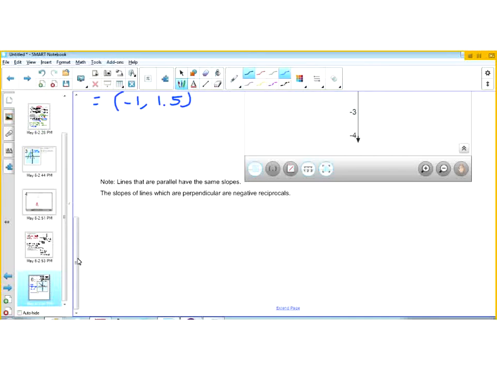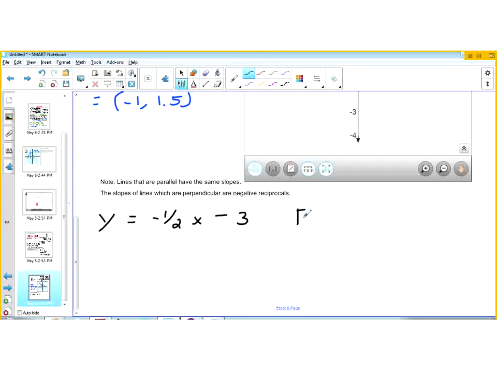Let's change it up a little bit and write y is equal to negative 1/2 x minus 3. All right, so we have this equation of a straight line.